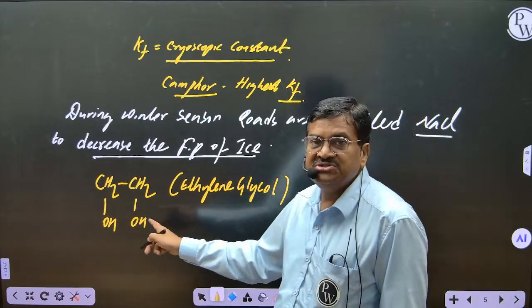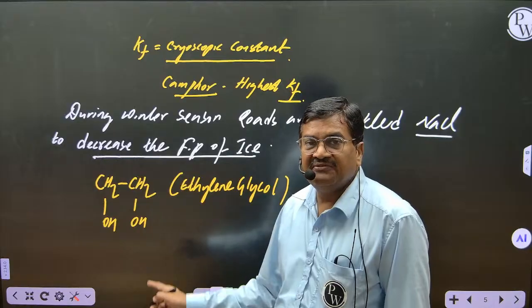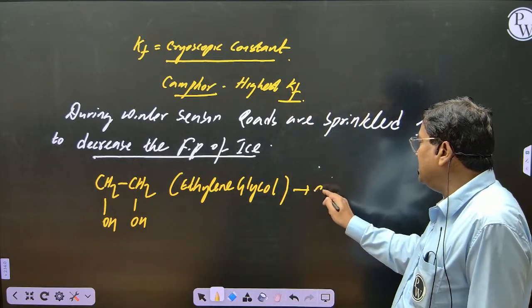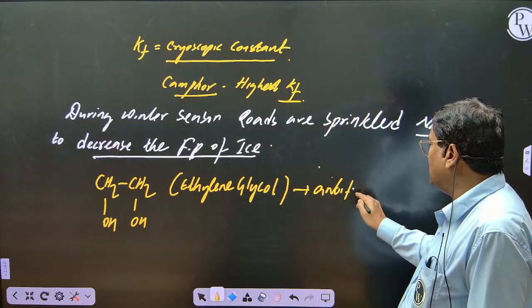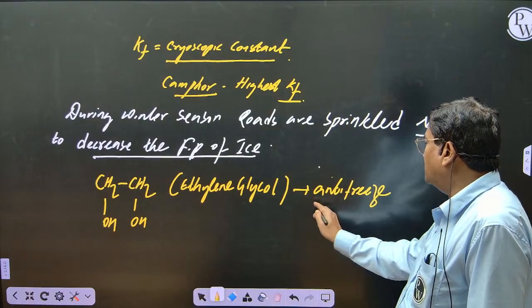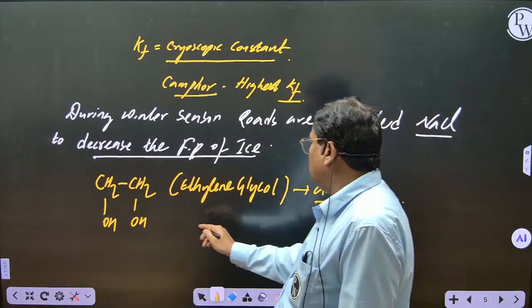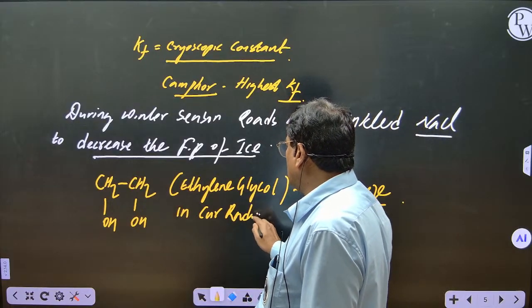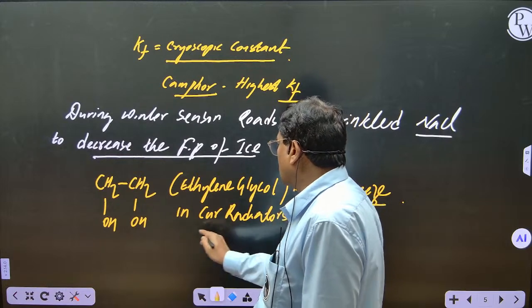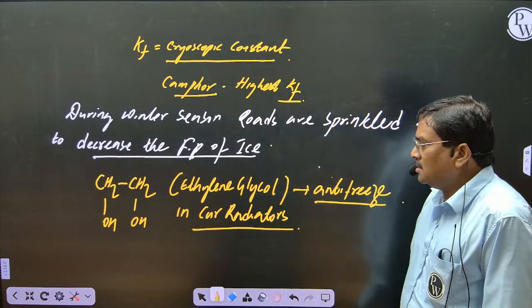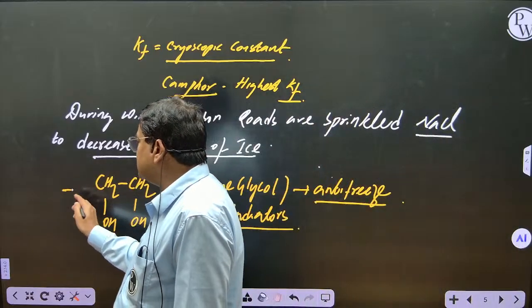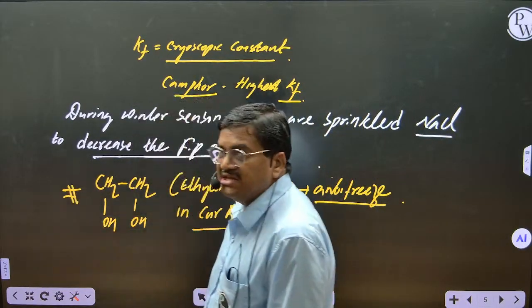This compound is used as antifreeze during winter season in car radiators. What for? It will not allow ice to form. So this is important in NCERT. What is the antifreeze substance used in car radiators? Ethylene glycol.